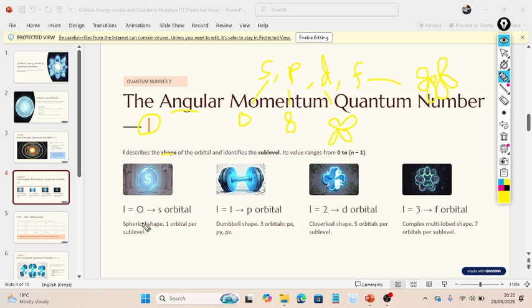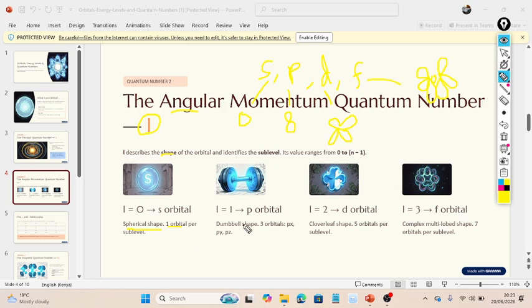As we have said, an s orbital is usually spherical in shape, and it has only one orbital per sublevel. So in orbitals we have sublevels. The number of sublevels will always be equal to the number of the energy level at which that electron dwells.